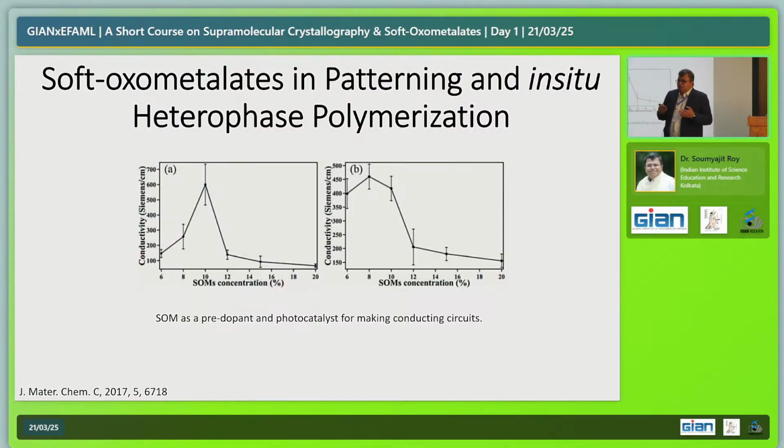So we were quite happy to see that what started out as a simple trial experiment for doing polymerization reactions with oxometallates under optical tweezers resulted in 3 distinct phenomena. What are those 3 phenomena? Number 1, you have the pattern formed, right?